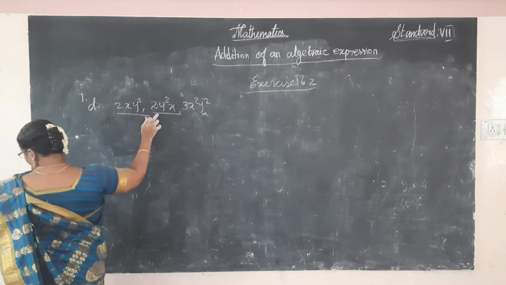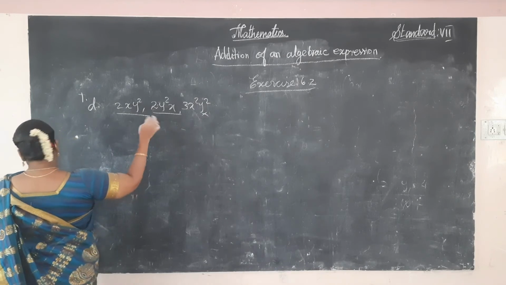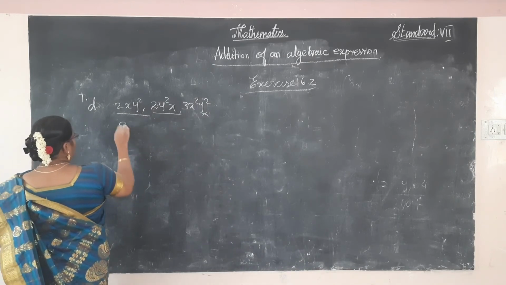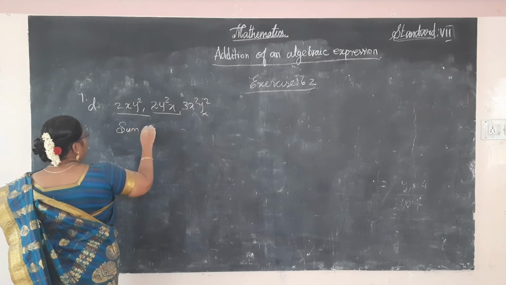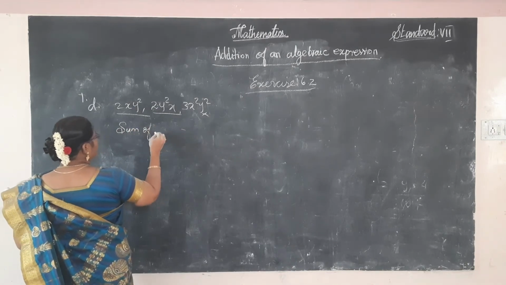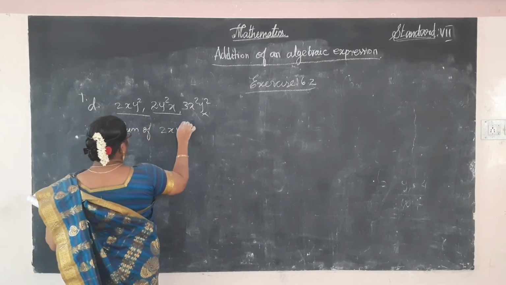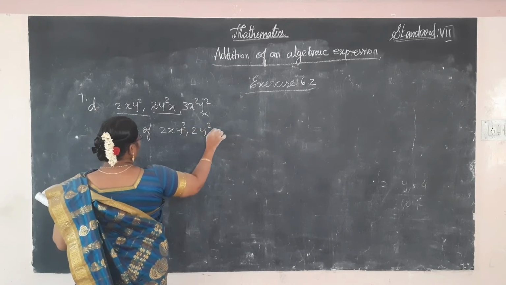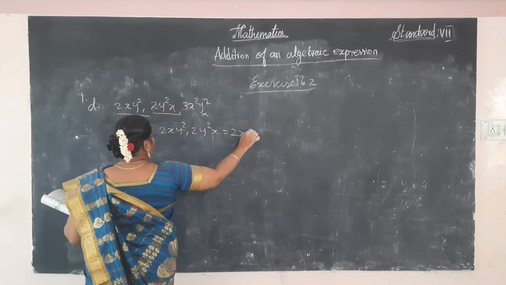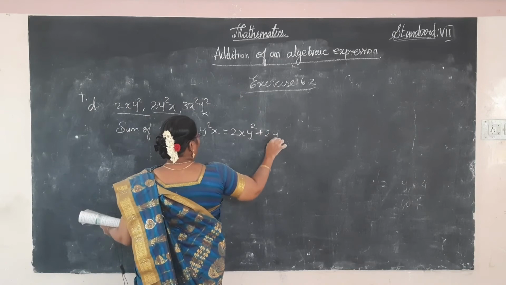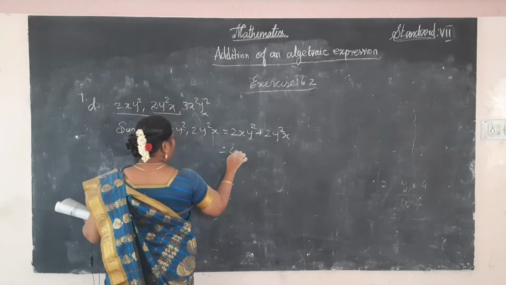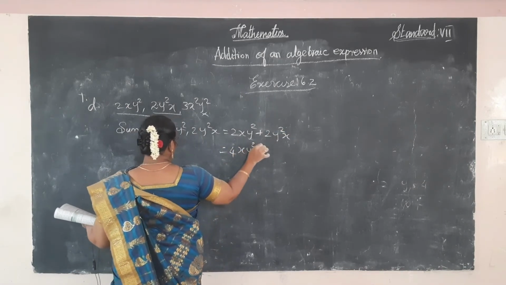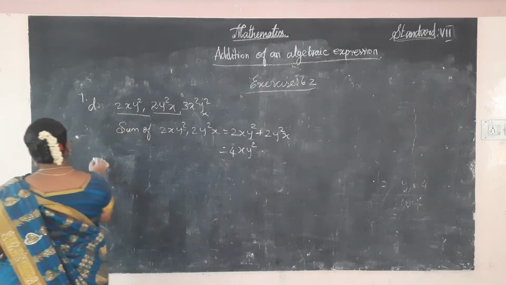So pick them in a group and add these two values. The sum of 2xy squared and 2y squared x is equal to 4xy squared. That's it.